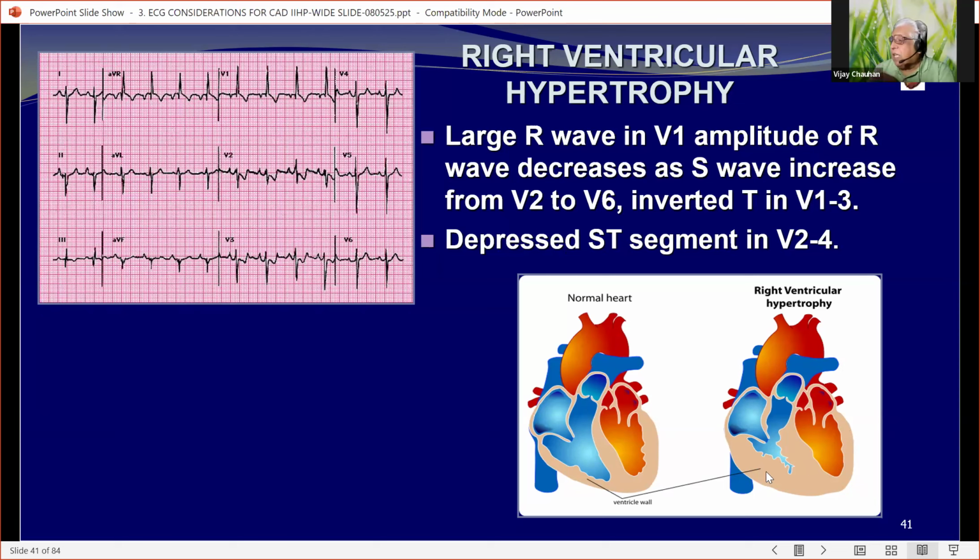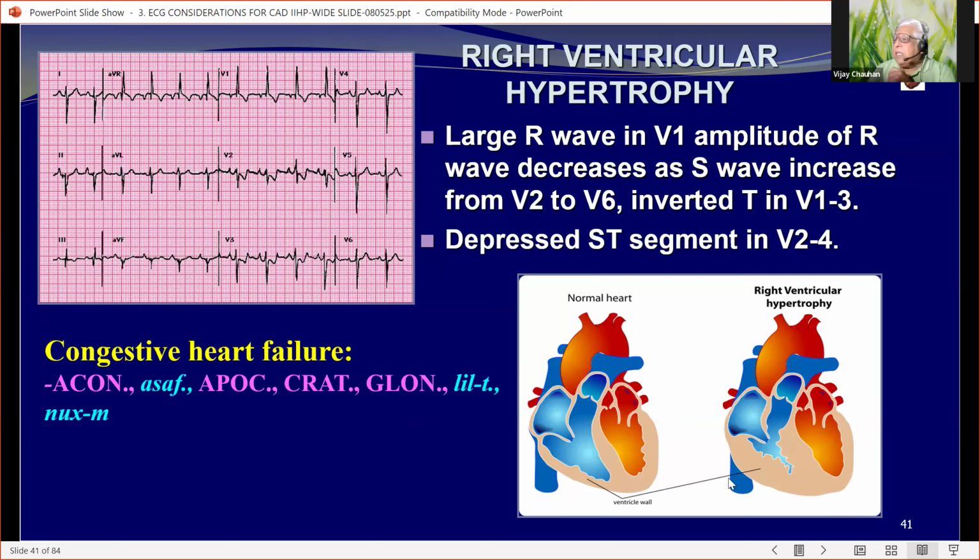The right ventricular muscle mass is big, and because of it, it generates a lot of electrical activity, which shows in the waves, especially V1, where it should have been a small R wave. Here we have a big R wave. So this is one thing which we have to understand.